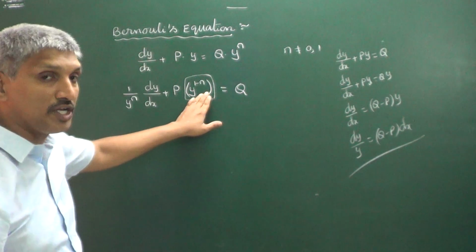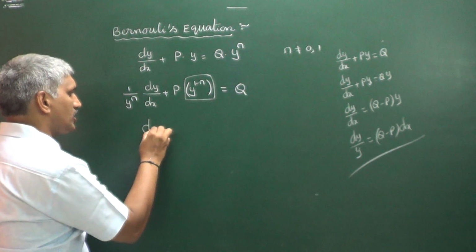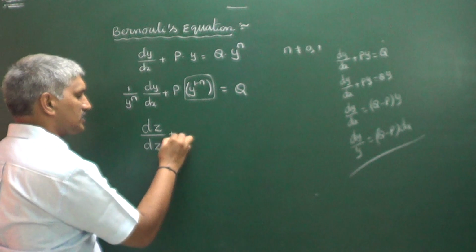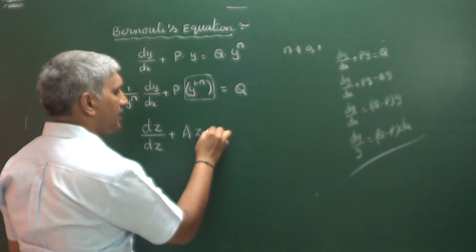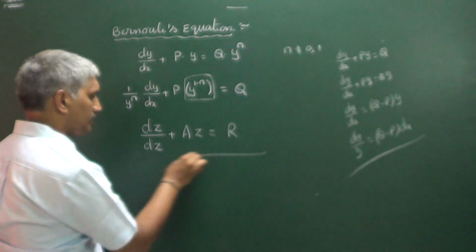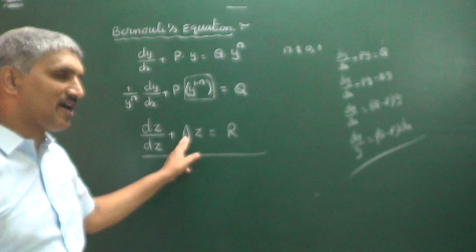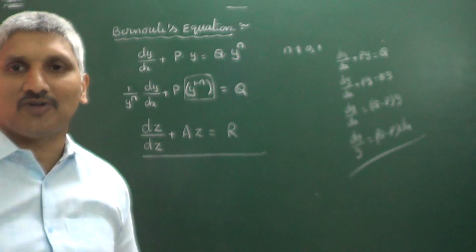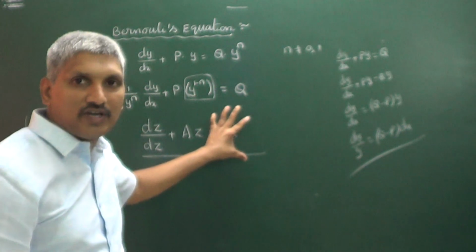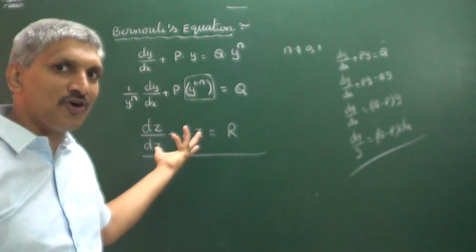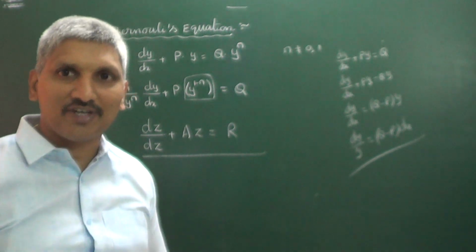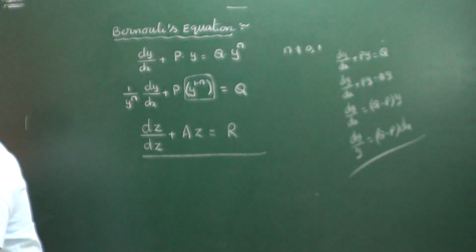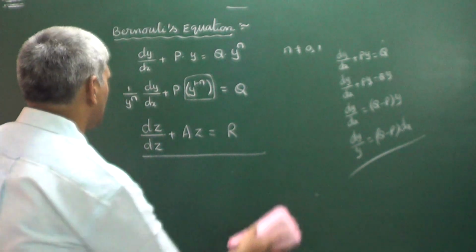If you take this as z, the entire equation converts into the form dz by dx plus a into z is equal to r, where a, r are constants or functions in x alone. So this is a linear differential equation. You know how to solve linear differential equations, which we discussed in the last class. Now I am going to discuss a few applications of Bernoulli's equation.